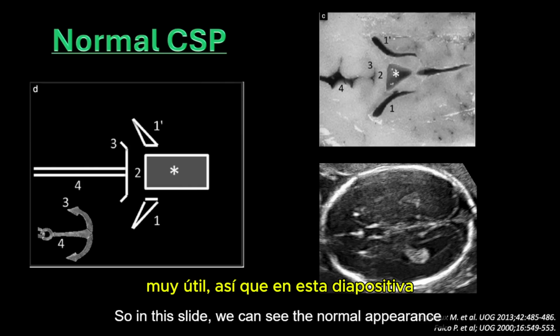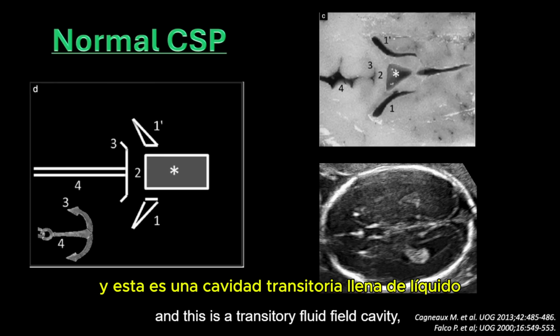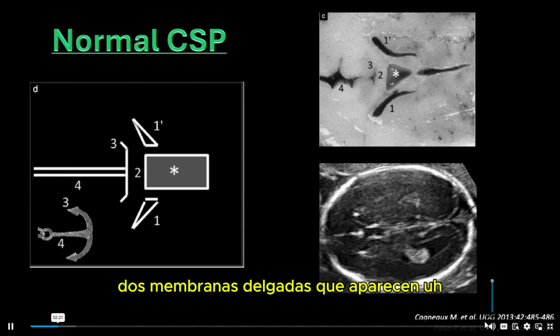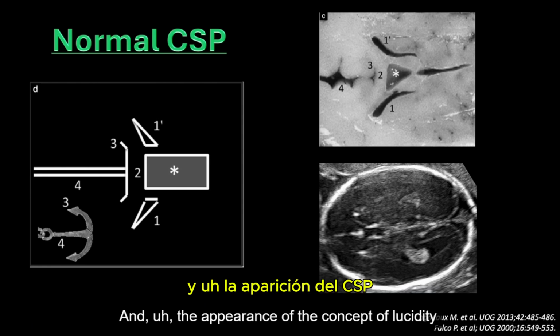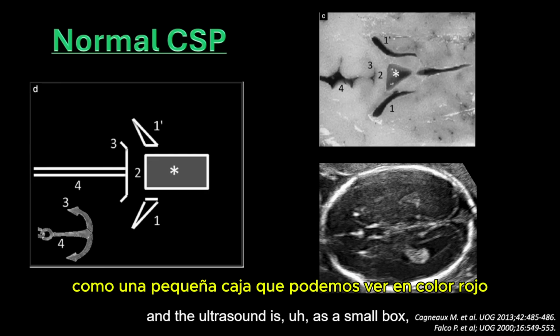So in this slide, we can see the normal appearance of the cavum septum pellucidi, and this is a transitory fluid-filled cavity which is located between the two thin membranes that appears around 18 weeks of gestation. On ultrasound, it appears as a small box, which we can see in red color.